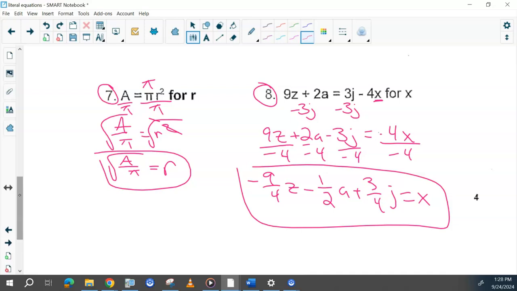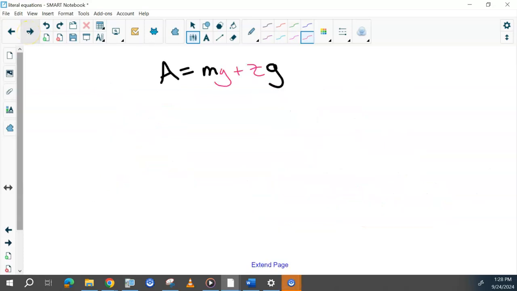Okay. I'm going to show you an example of something you might see on Delta Math. Some of the examples, you might see something like this, where you are, let's say, solving for G, but in this case you have 2 G's. So you have to get the G's together. Think about it like if I had something outside of parentheses, I would distribute that, and then it would be multiplied to both.